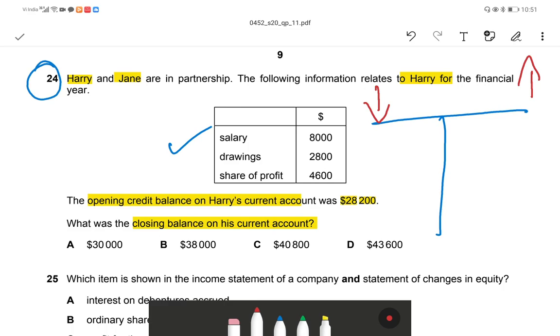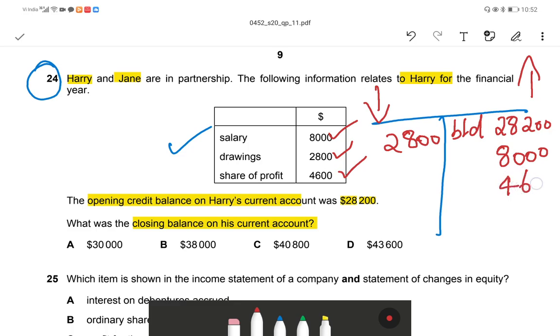So first balance, credit balance brought down 28,200. Next, salary. Salary will increase his capital. So we put it on the credit side, salary 8,000. Next, drawing. Drawing will decrease his capital. So it goes on the debit side, 2,800. Again, share of profit, it increases capital. It goes on the credit side, 4,600. We have taken all the amounts.